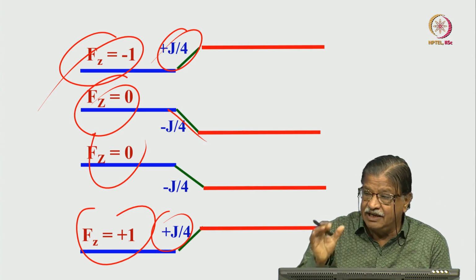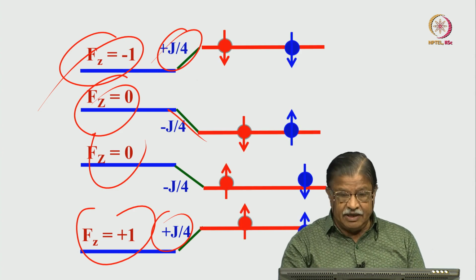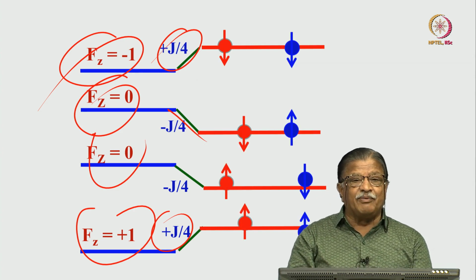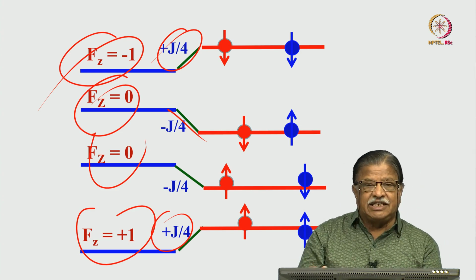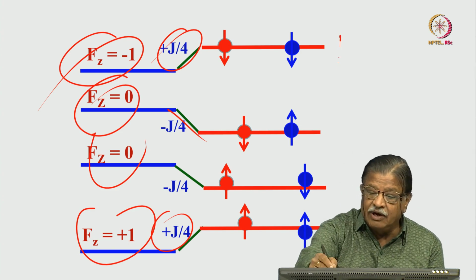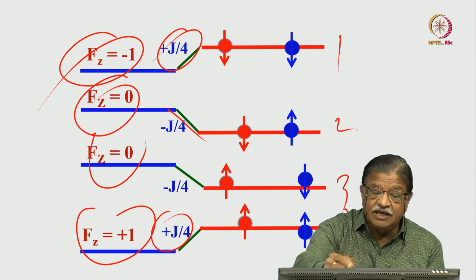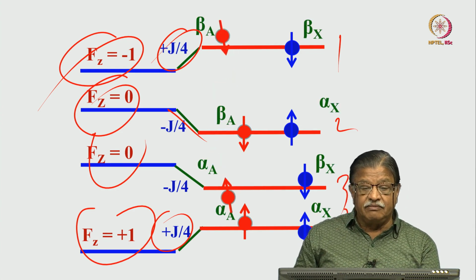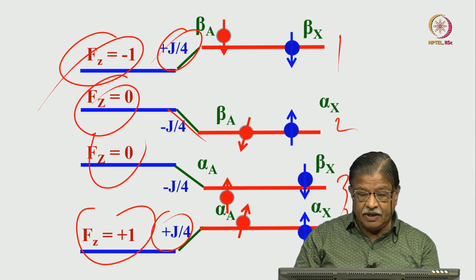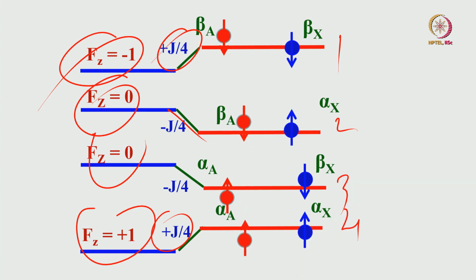See, the energy states are now not the same, they are different. If you calculate the transitions between the different states, considering the 1 2 3 4 energy states, we will find out what the transitions are. 1 3 is allowed, where A is flipping, and 2 4 is allowed, again A is flipping, but look at this frequency separation compared to this frequency separation.